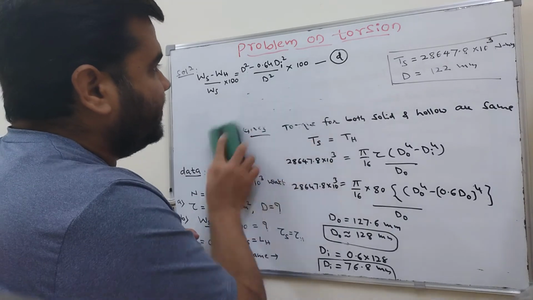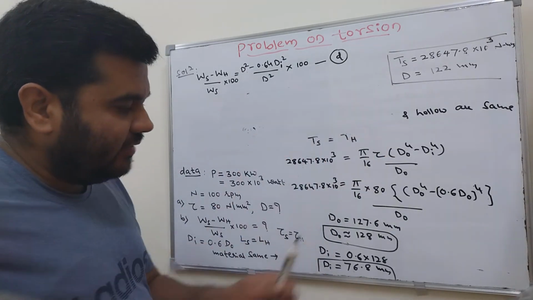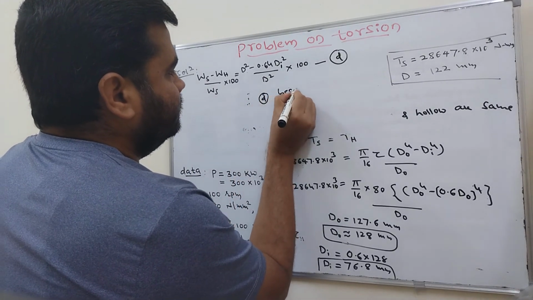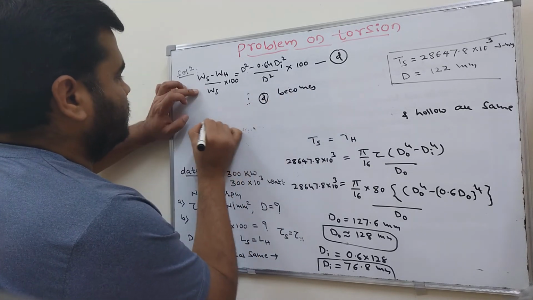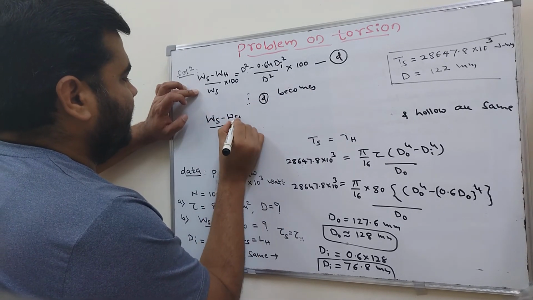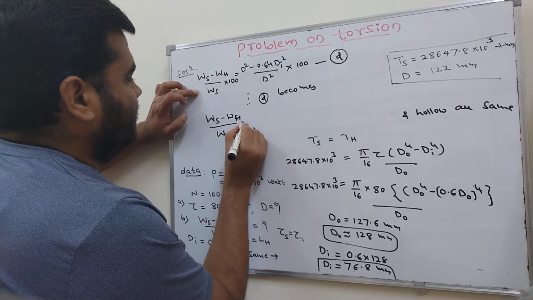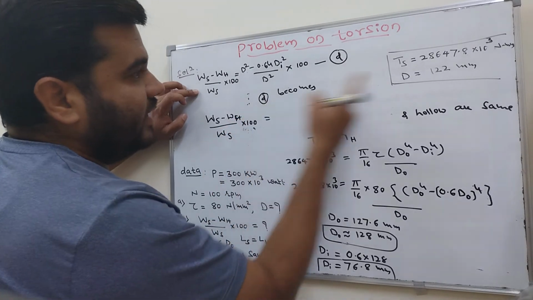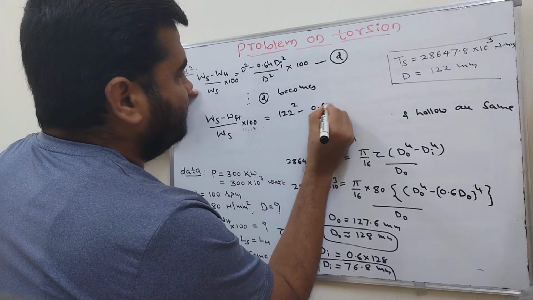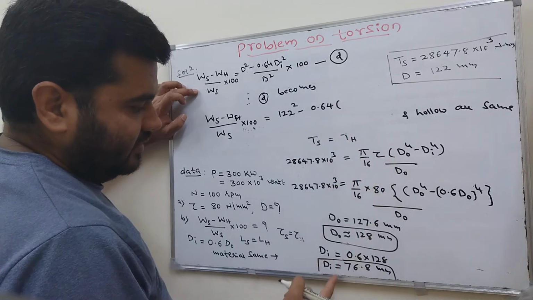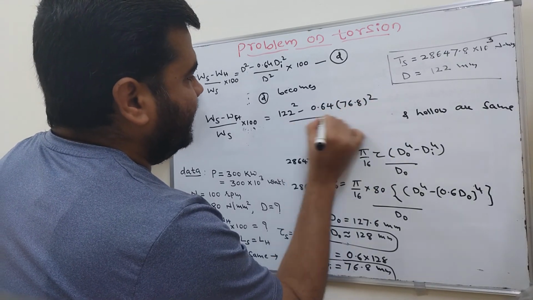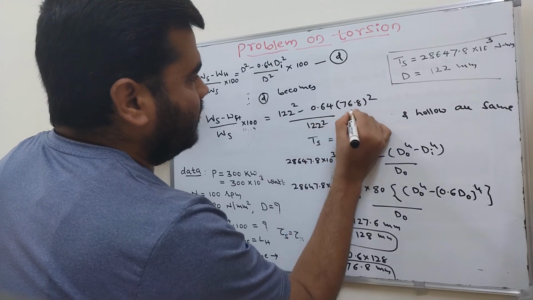Therefore equation D becomes: weight of solid shaft minus weight of hollow shaft divided by weight of solid shaft into 100 equals d square, which is 122 square, minus 0.64 into 76.8 square, divided by 122 square, into 100.